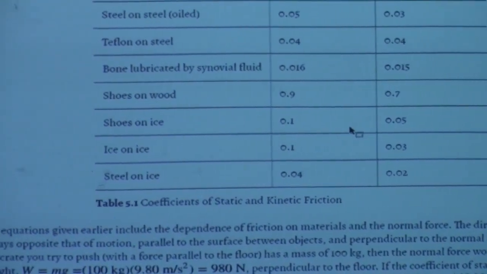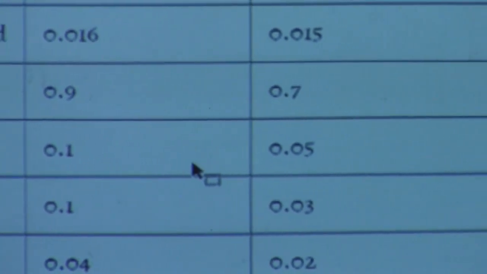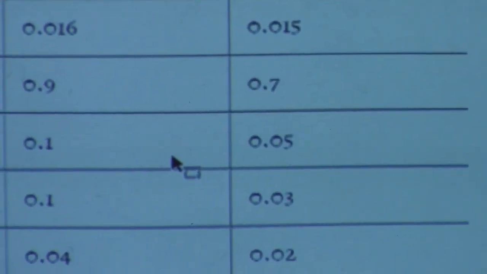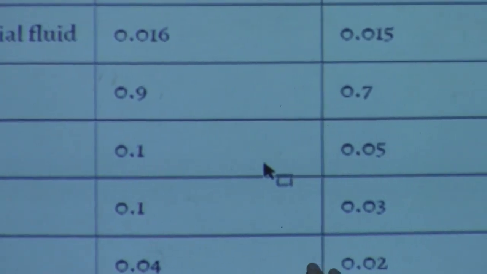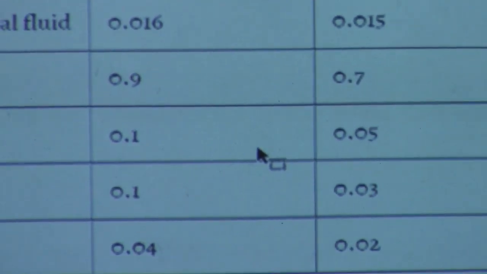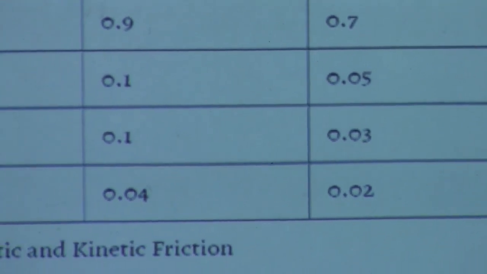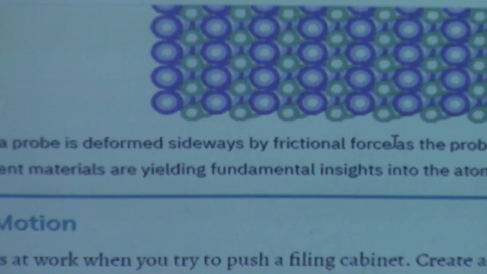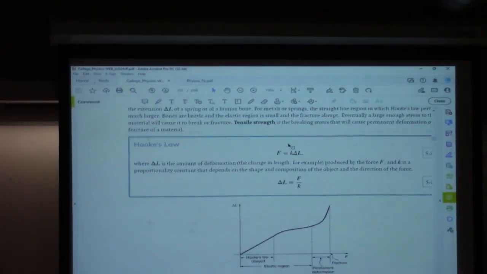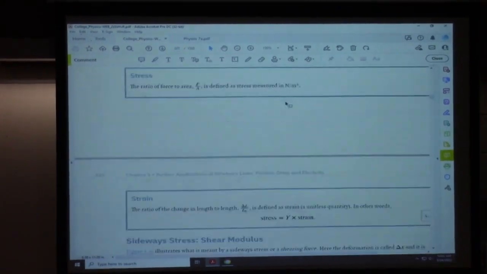I'll go back to the problem, but let me just remember this. Okay, so 0.02, so it's half as much. I'll remember it's half as much here for the kinetic one. And let me go back to the problem. I believe this was problem 7.